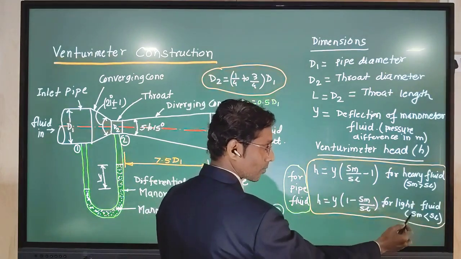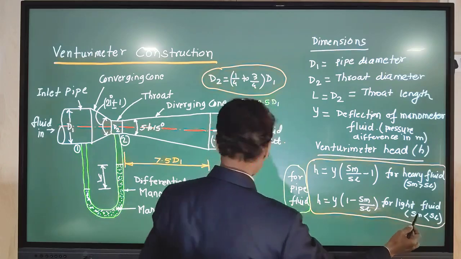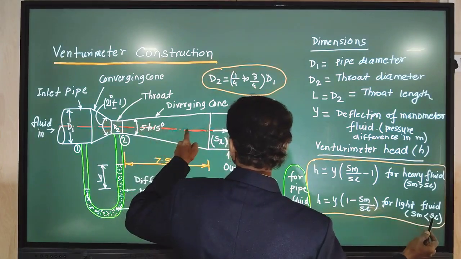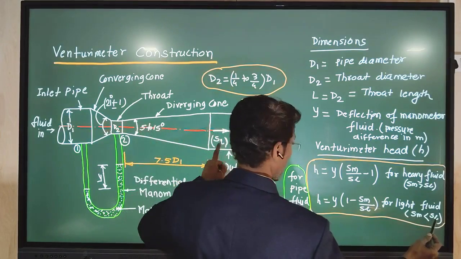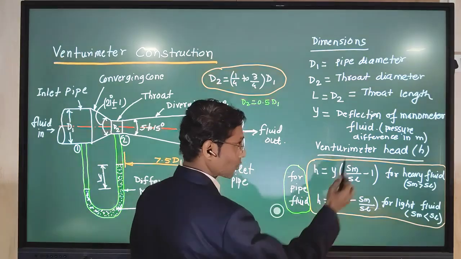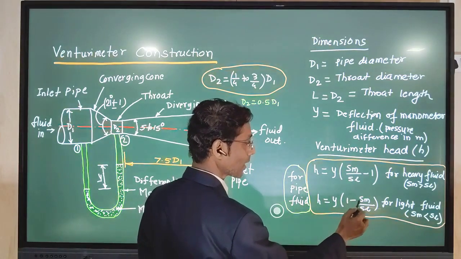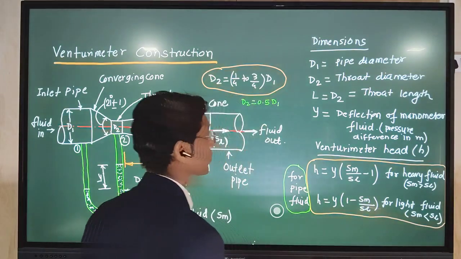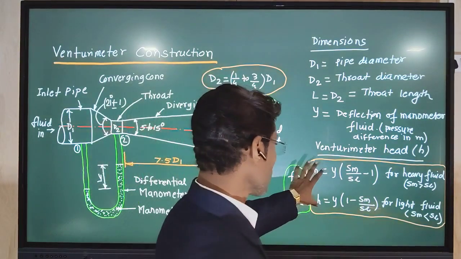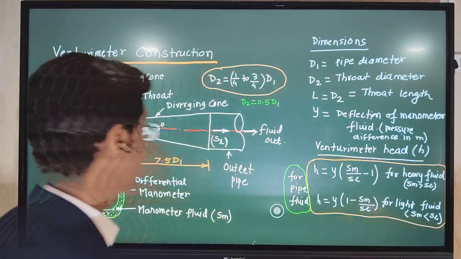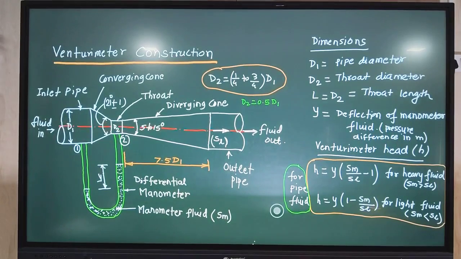For a light fluid, the specific gravity of the manometric fluid is less than that of the liquid passing through this pipe, and the Venturimeter head formula is H is equal to Y into 1 minus SM by SL. By using this formula we calculate the Venturimeter head, which we use in the calculation of discharge.